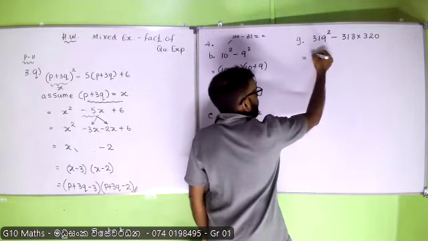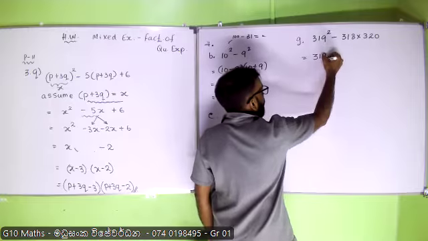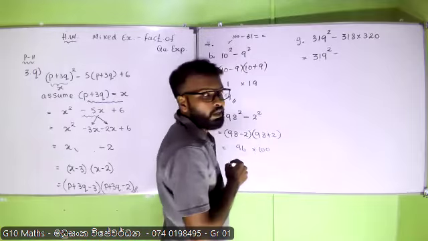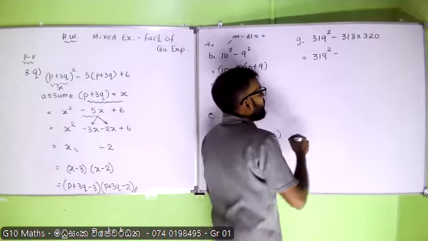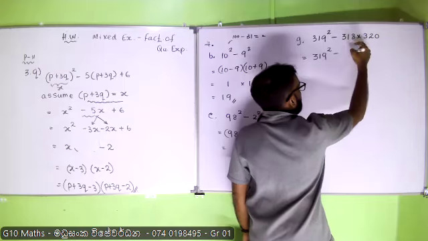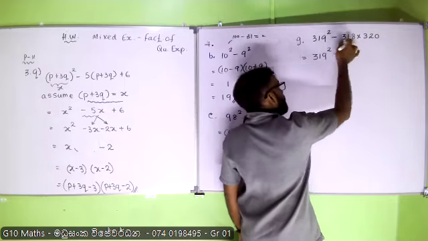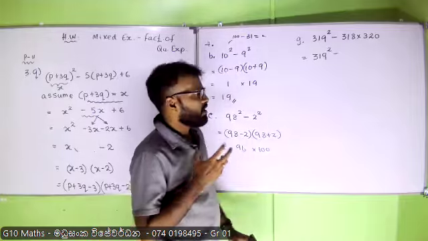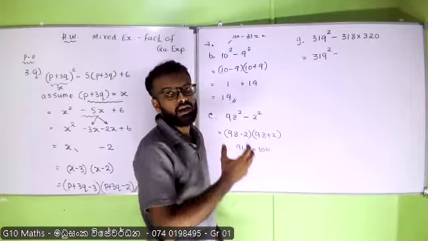Here you have 319. Correct? 319. So, can you write 318 with relation to 319? Can you express 318 by using 319?